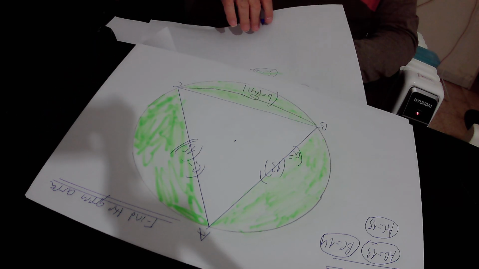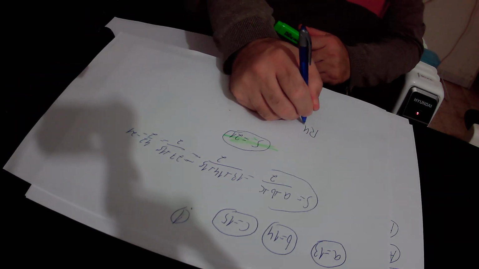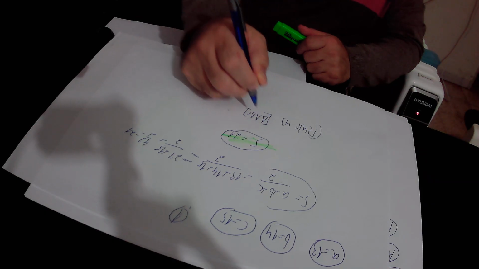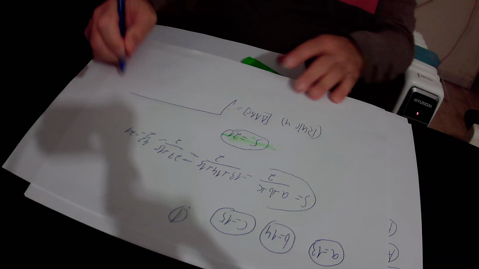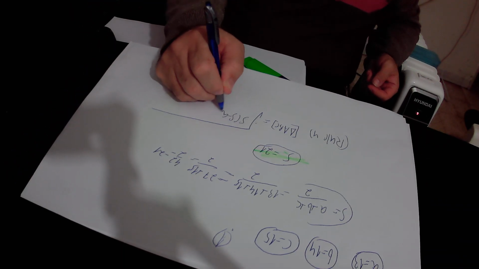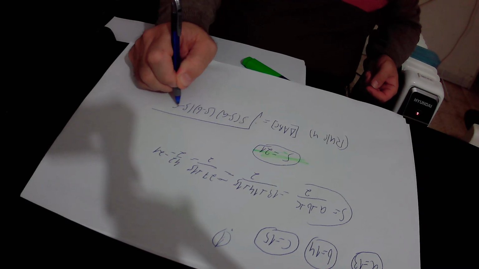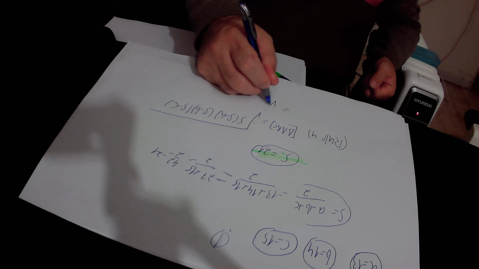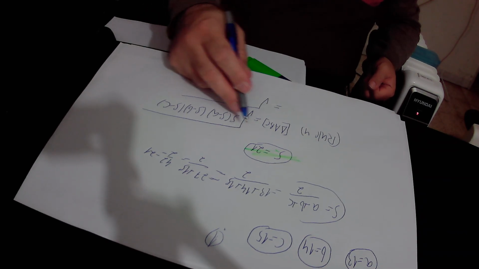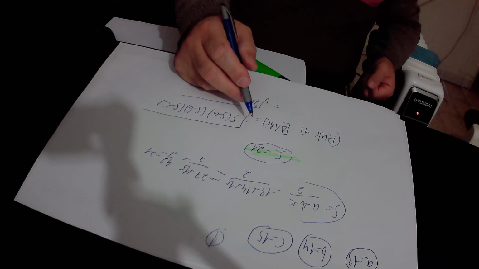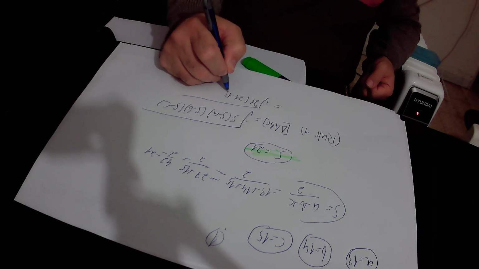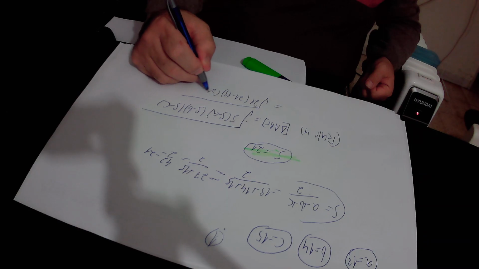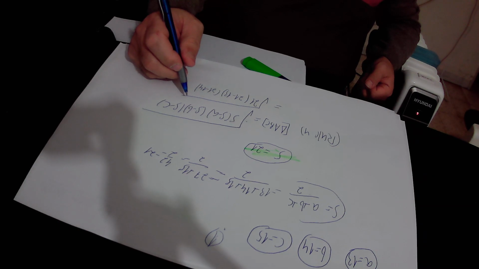A equals 13, B equals 14, and C equals 15. And the area of this triangle ABC according to rule number 4, the area of triangle ABC, here the square brackets are the sign for the area, equals the square root of S times S minus A times S minus B times S minus C. So the area of our triangle ABC equals the square root of S, S is 21, times S minus A, which is 21 minus 13, times S minus B, which is 21 minus 14, times S minus C, which is 21 minus 15.